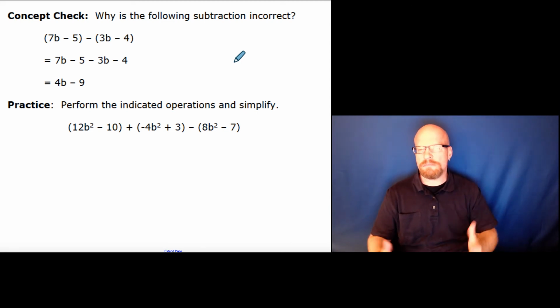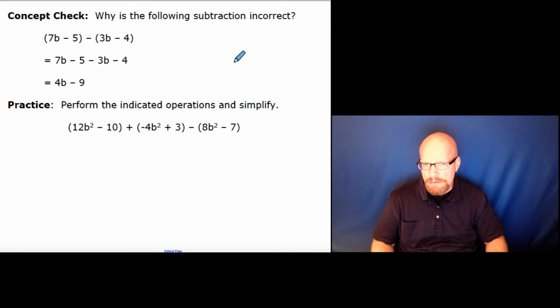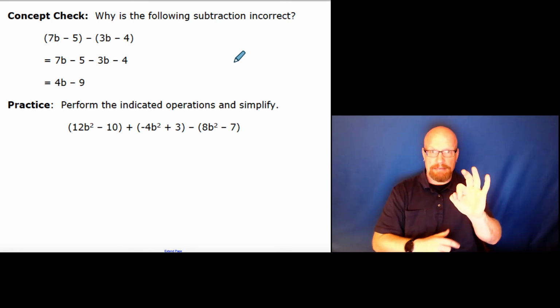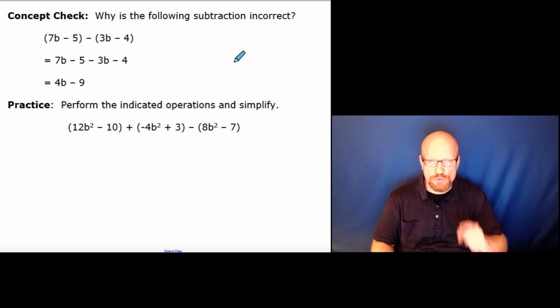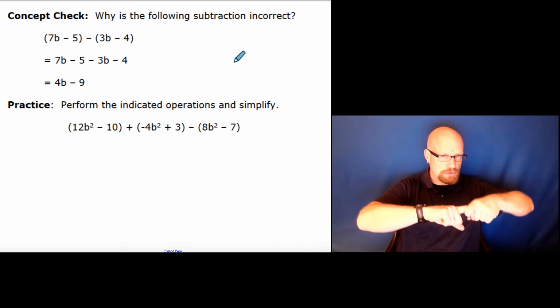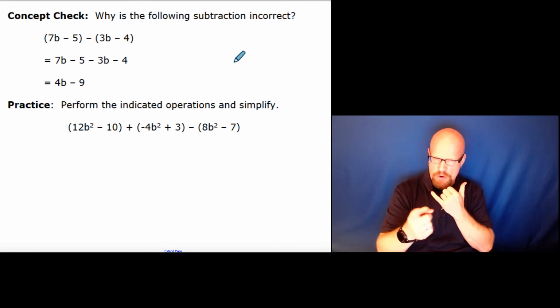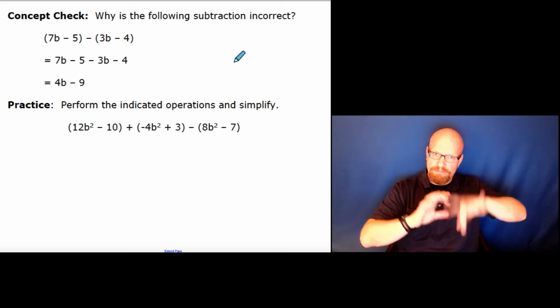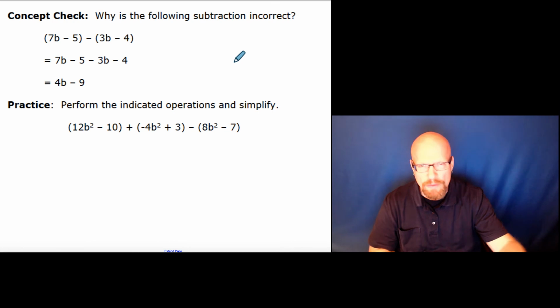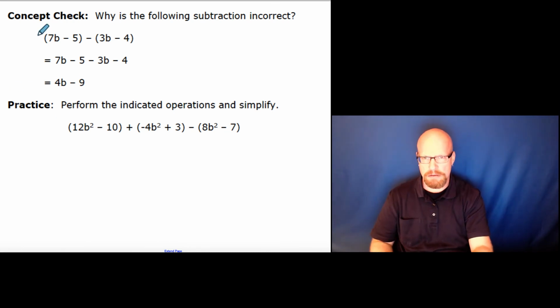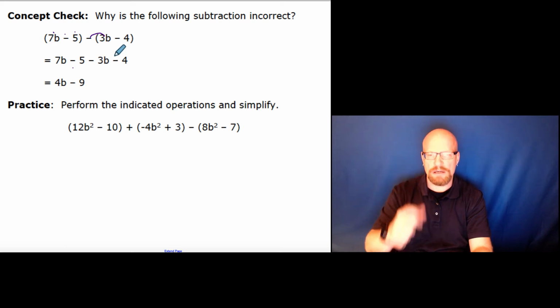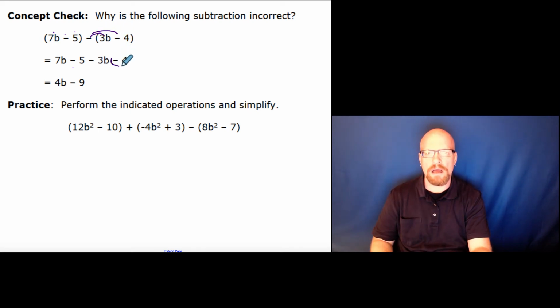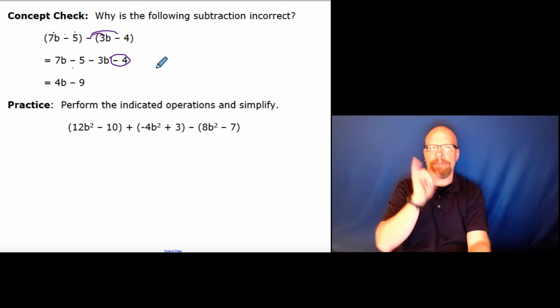Now we have a concept check. What's wrong with this? 4b minus 9 is not the correct answer. So pause the video now and look at it and try to figure out what's wrong. I hope you've paused it and found the mistake on your own, but if not, we'll do it together. Those are good. That's the mistake.